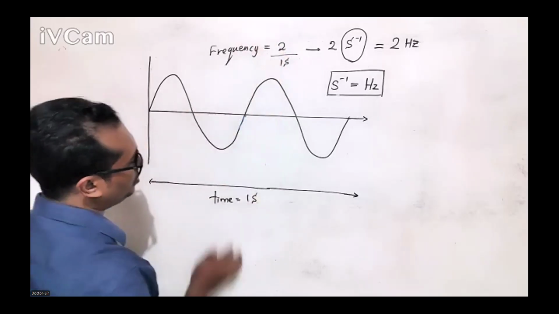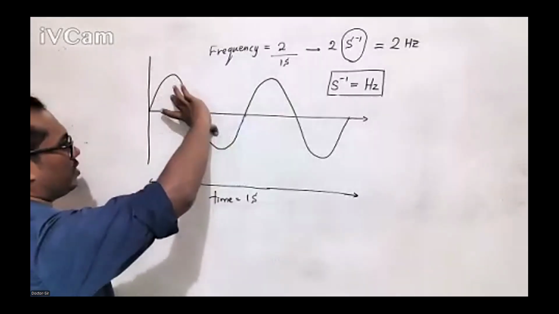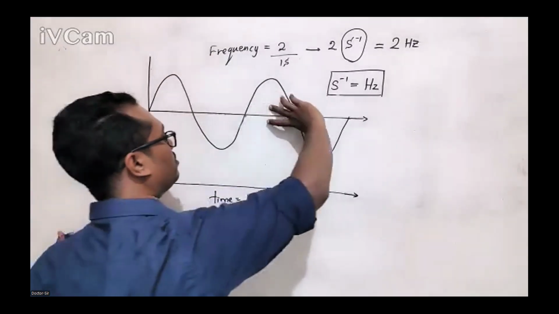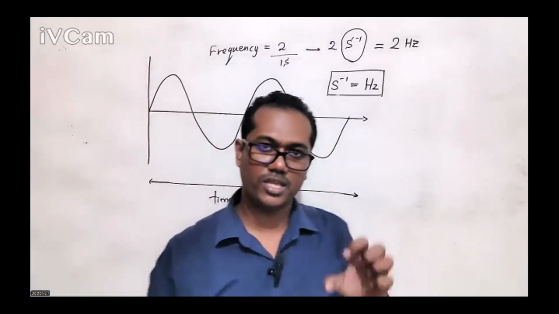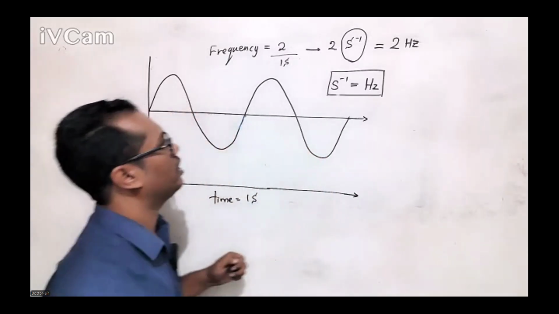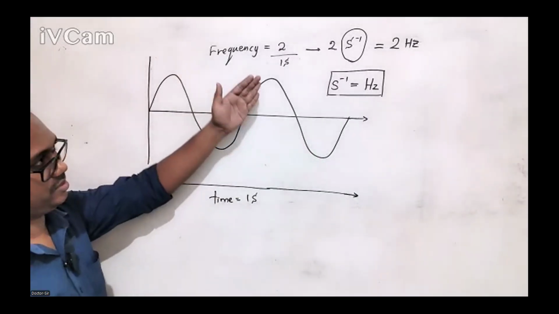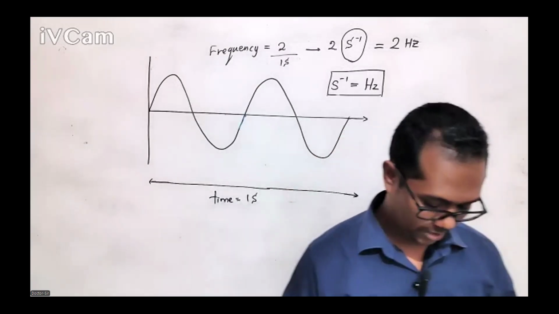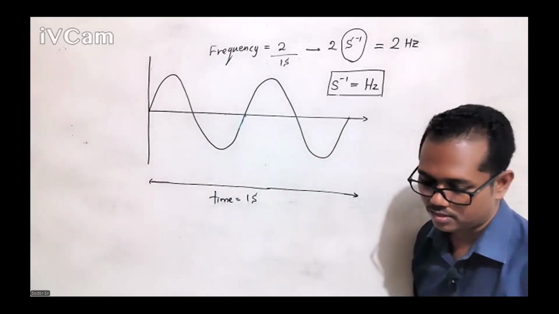One crest and one trough we consider as 1 complete wave cycle, then another wave cycle, so 2 cycles. How many cycles form within a unit time, that is the frequency. Now draw this one and write down these things under the frequency topic.